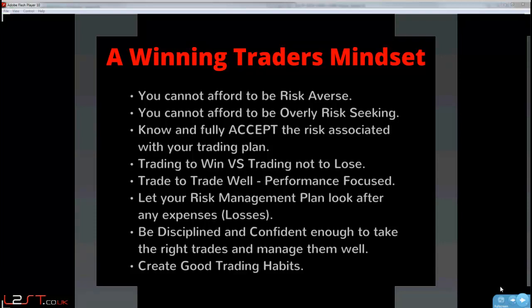Be disciplined and confident enough to take the right trades and manage them well. But the only way you can have the discipline and the confidence to stay with a trade is if you understand market structure. This is where typically traders that trade systems will find it difficult, because they only take the signals based upon the system's ability to make profit based upon the past.